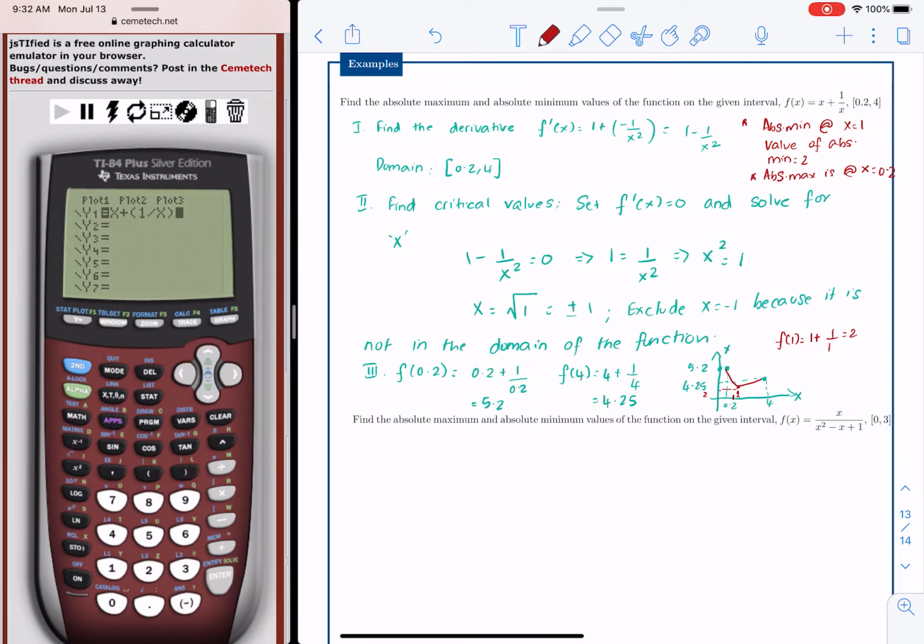We have to evaluate at the critical number, which is 0.5236. So make sure you have it in radians mode. 2 cosine 0.5236 plus sine 2 times 0.5236. Enter. You get 2.5981.